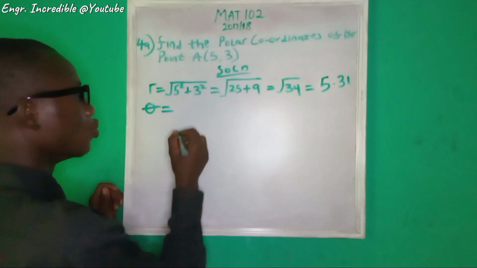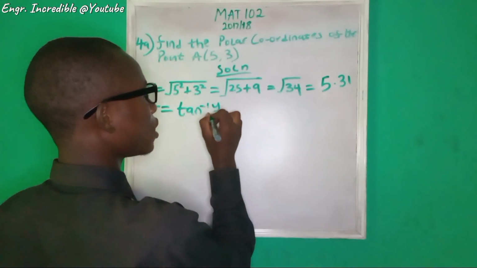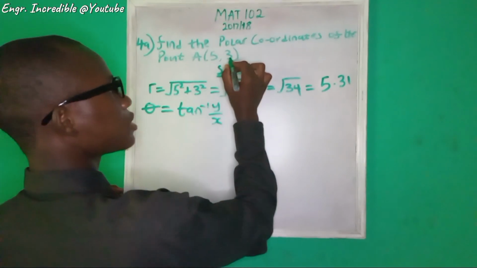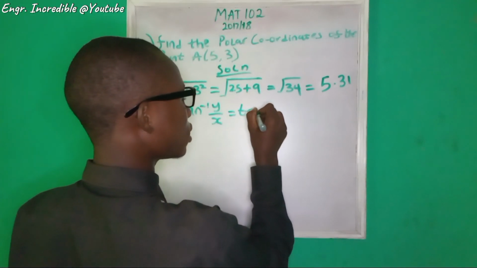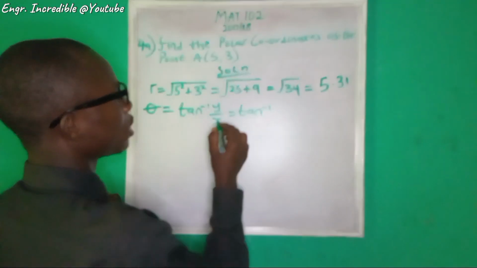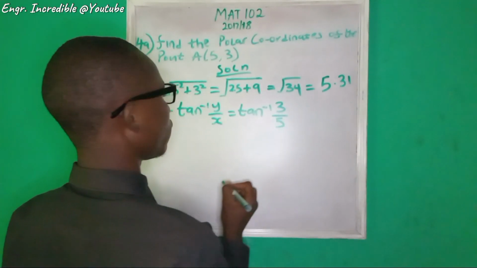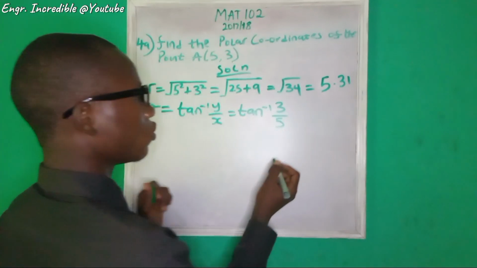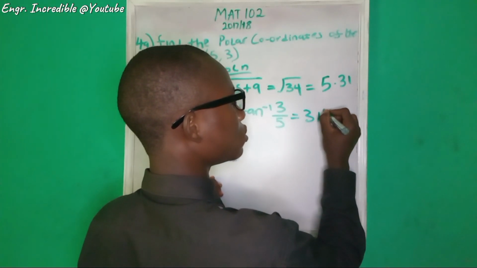Now to get theta. Theta is equal to arctan of y over x. The y is the second one, x is the first one. So that is equal to arctan, our y is equal to 3, then our x is equal to 5. So arctan of 3 over 5 is equal to 31 degrees.